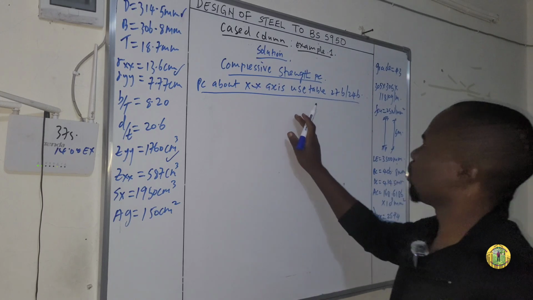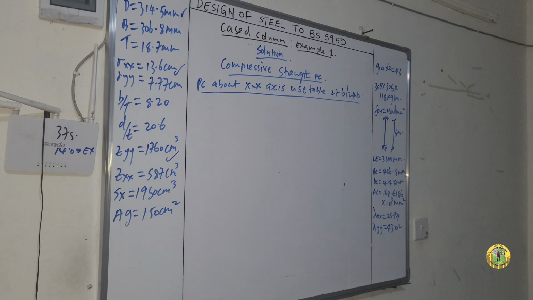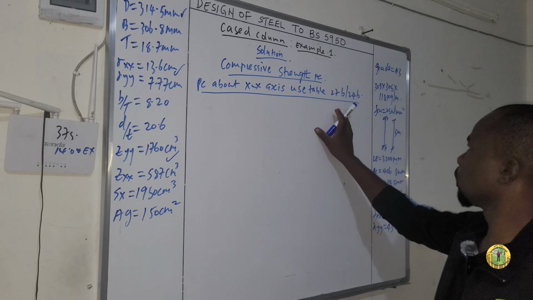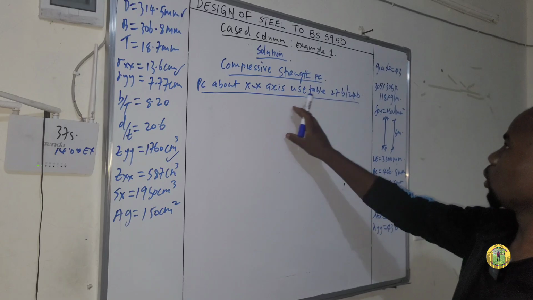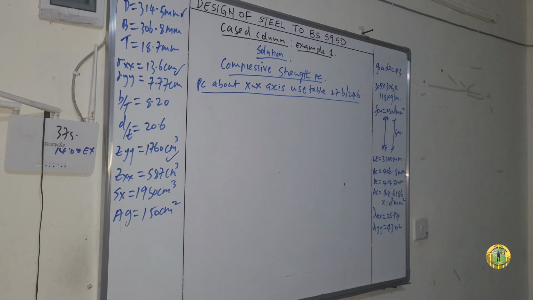Again, I won't talk much about this table because in the introduction to compression member design, I talked about these two tables, 27B and 24B.